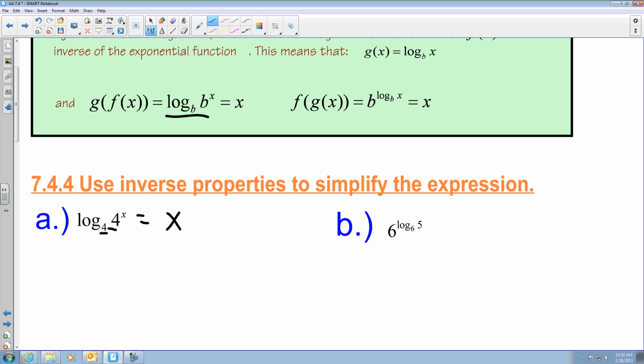For b, it looks a lot like this equation, where b is 6 and my x here equals 5. So if I was to simplify this expression, my answer would end up being 5 because I'm just substituting those values into my inverse function.